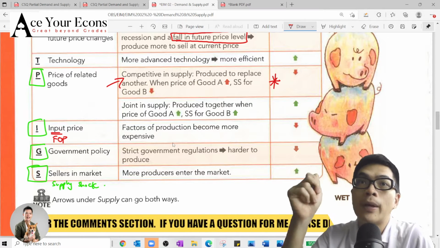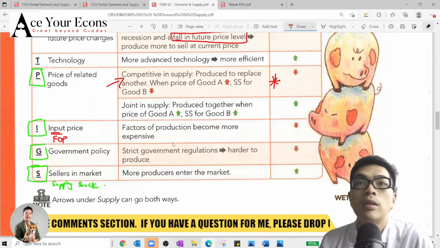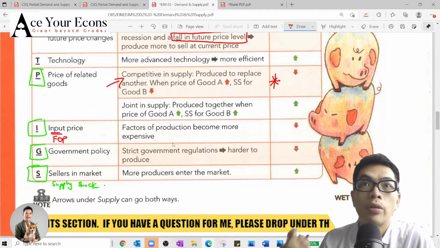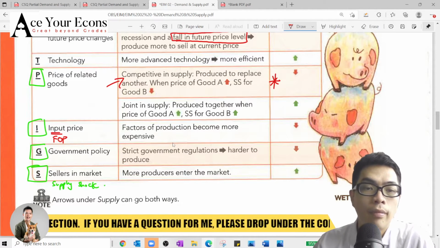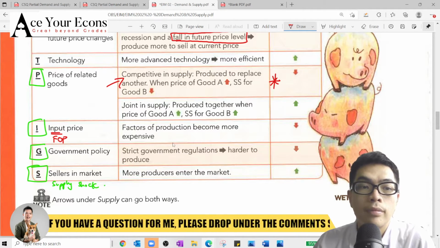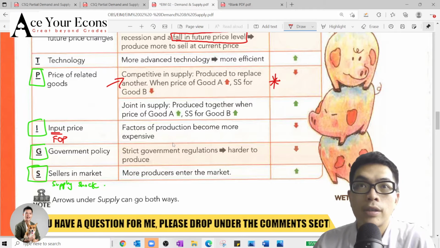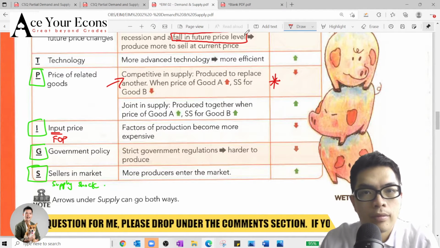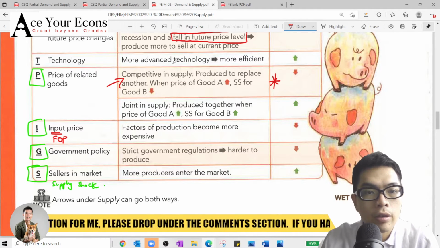If labor becomes more costly, would you be able to produce more or less, holding price the same? Less. So it will be less.